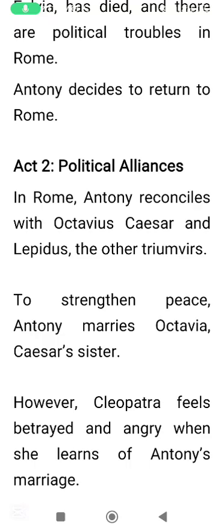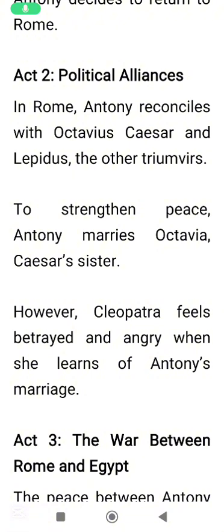Then, to strengthen the peace, Antony decides to marry Octavia, Caesar's sister, because that is the condition he is given: except you marry my sister, this trouble in Rome will continue and we are going to hijack the government. So he accepts that.